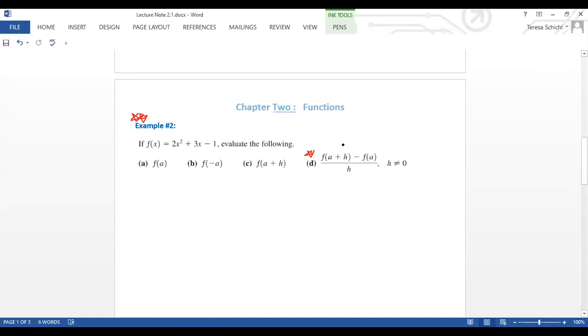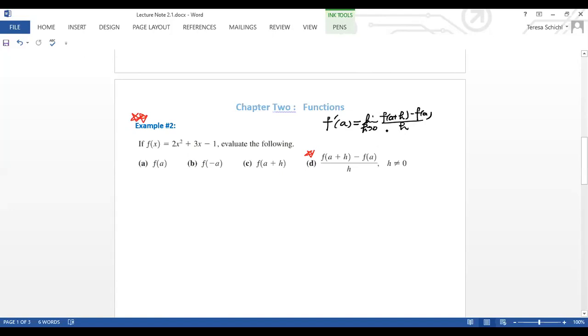So when you go to calculus, we will say, hey, this is exactly our definition. I would say f prime of a is equal to the limit as h approaches 0 of f of a plus h minus f of a, all over h. Of course, you may ask, what is f prime of a? Don't worry about that. I just want to tell you what is coming when you go to calculus.